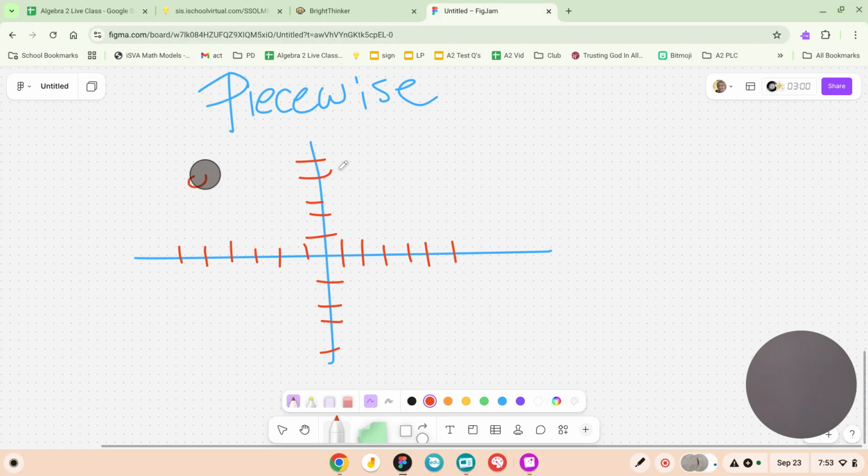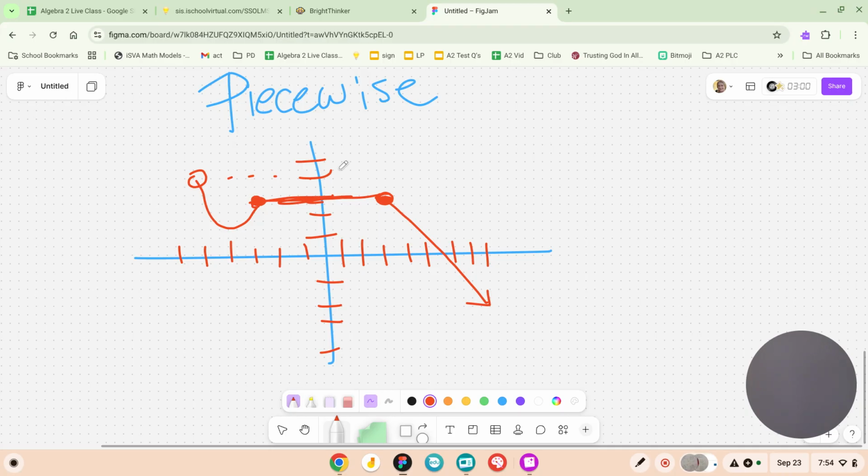I have an open circle here, and it's a parabola, and it goes to here with a closed circle. Then I have a straight line to here with a closed circle. Then I have another line that goes here, and I have an arrow. This could be my piecewise function.